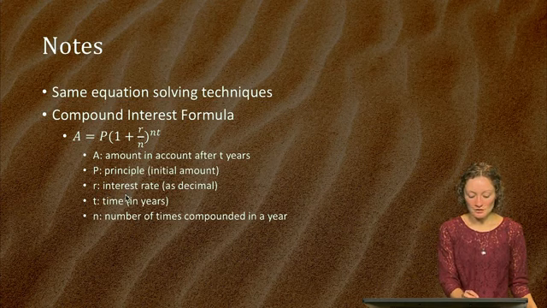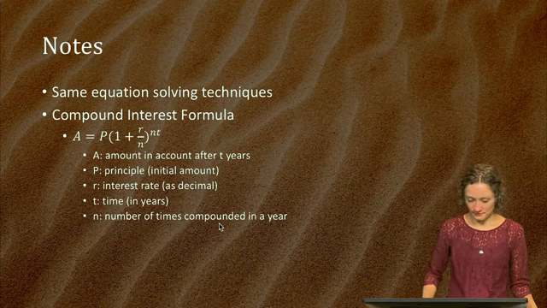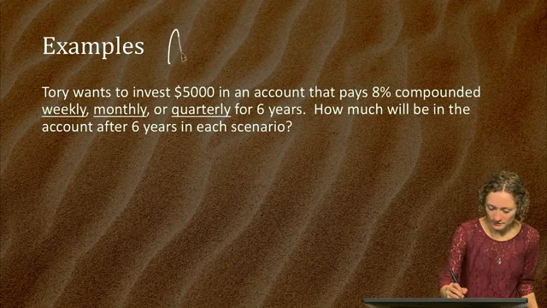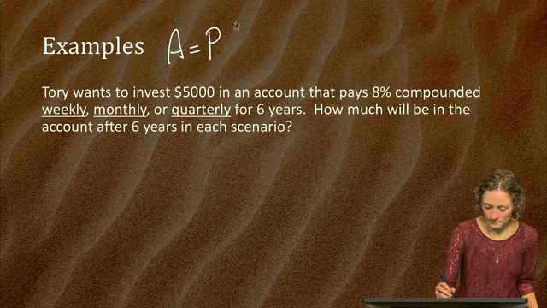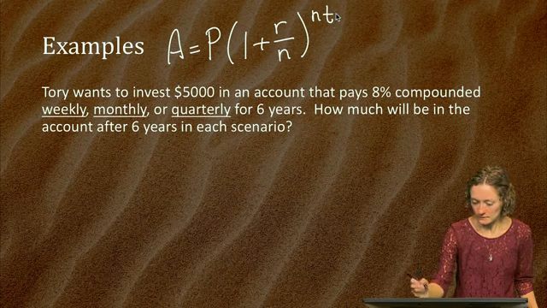R represents the interest rate as a decimal. T, the time in years. And N, the number of times that it's compounded in a year. So here's our formula.